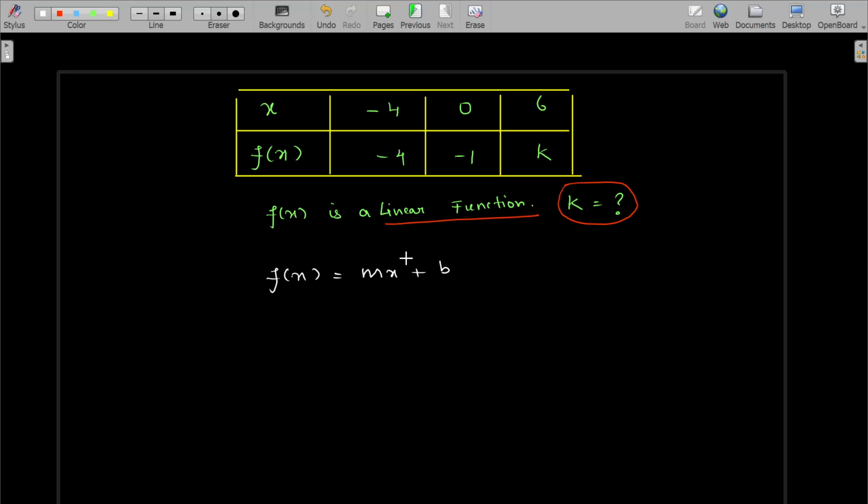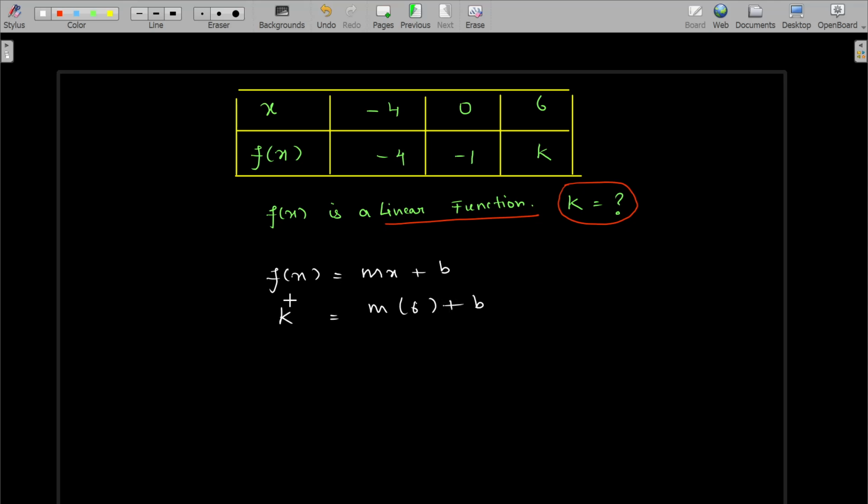I would make an equation and then plug in 6 and get k, just the y value. But you don't know what is m, what is b. You can try doing that. So if this is what you're saying, k is equal to m times 6 plus b.